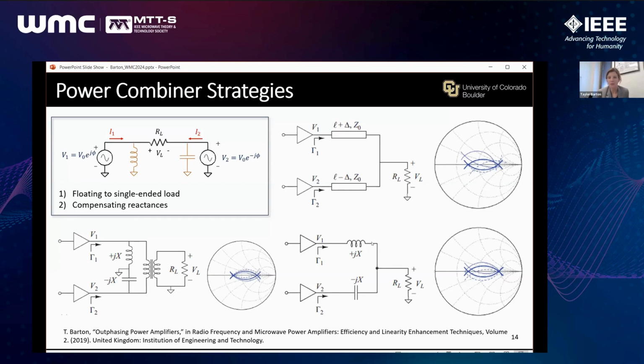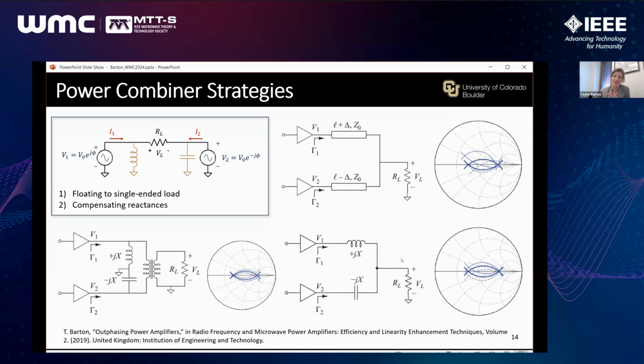You can also do a lumped series reactance, which it turns out can give you the same effective behavior as an all-transmission-line version, where you're using usually 90-degree lines plus or minus some length, and that plus or minus delta length performs an equivalent function to the plus or minus L and C.